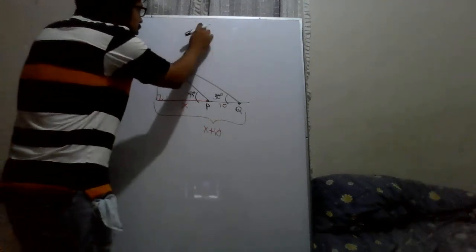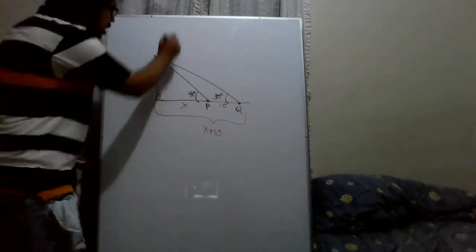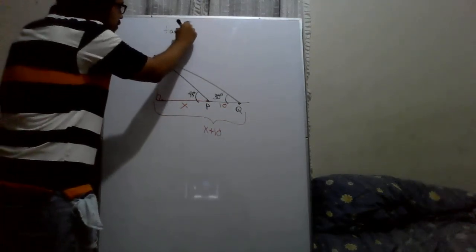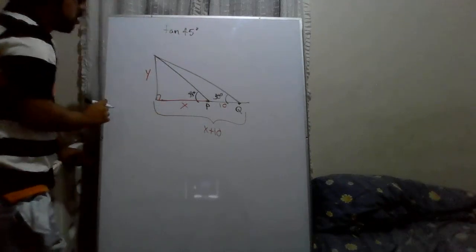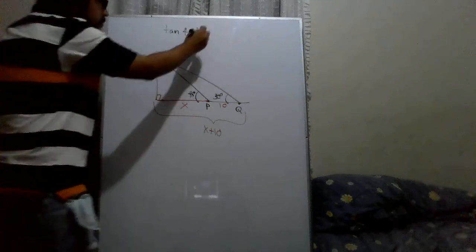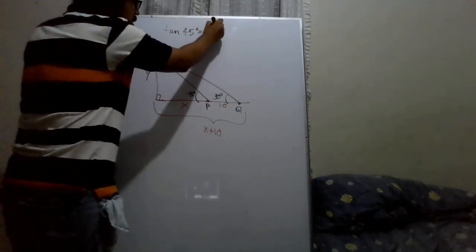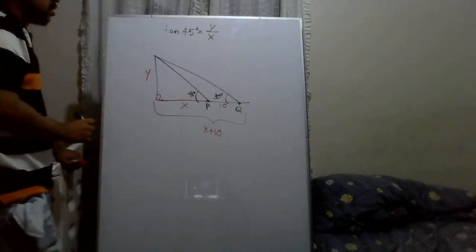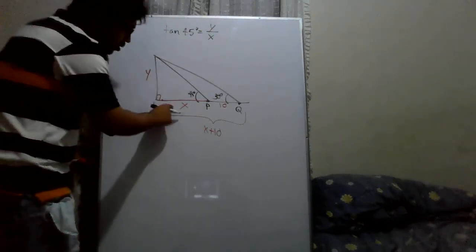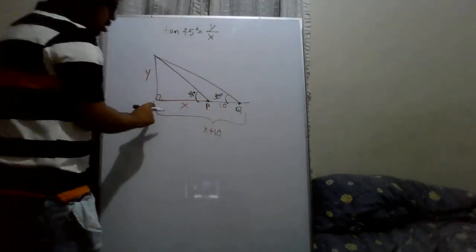If we focus on this triangle, the tangent of 45 degrees is y, the opposite leg, over x. Now focus on this other, larger triangle.